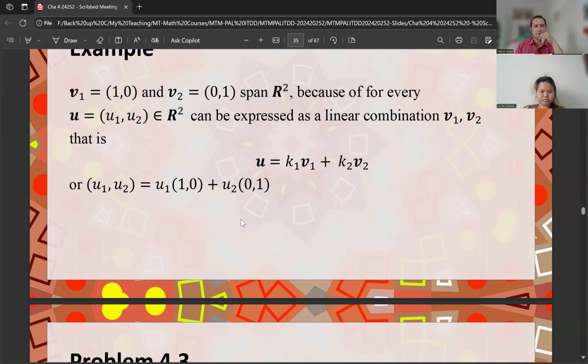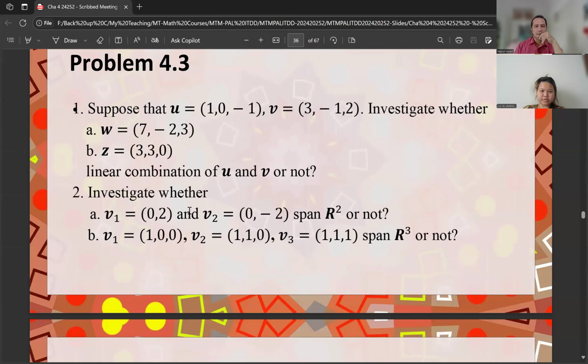How to do that? We choose any vector u in R2, and we prove that any vector u can be a linear combination of V1 and V2.